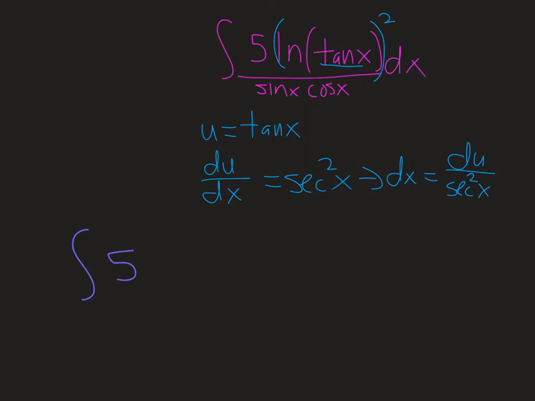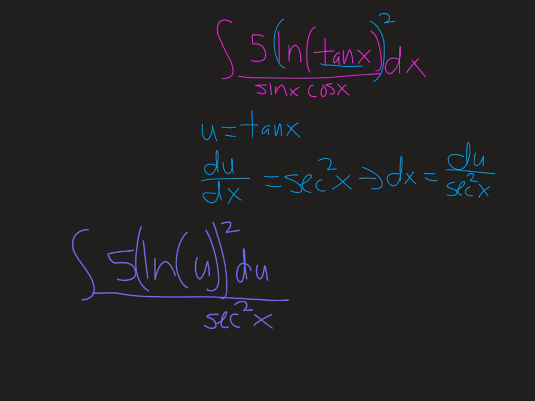So leave the 5, leave the natural log. Tangent is now u. And we're still squaring that whole thing. Dx is now du over secant squared x. And I still have sine x, cosine x.